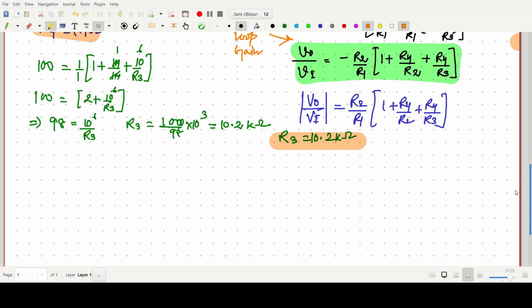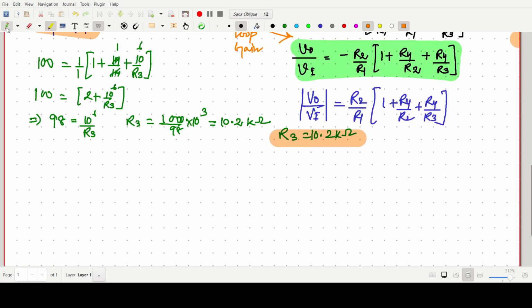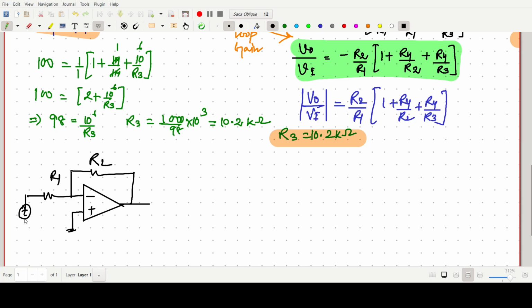Now we have to compare with the traditional inverting amplifier. For the traditional inverting amplifier, we know directly, with R2, R1, Vi, V0, that V0 by Vi magnitude is R2 by R1.